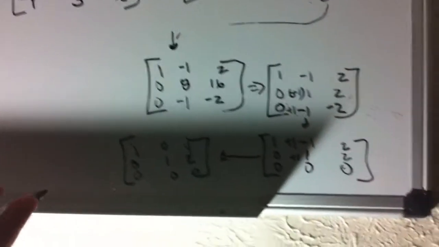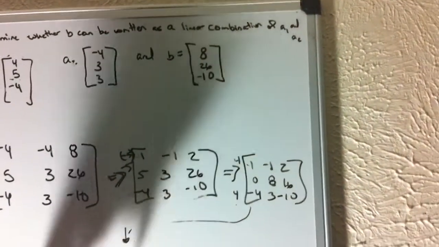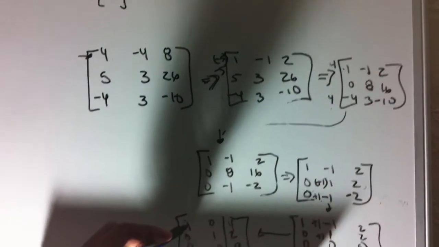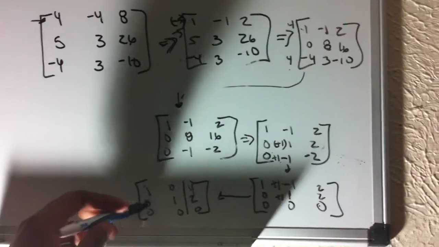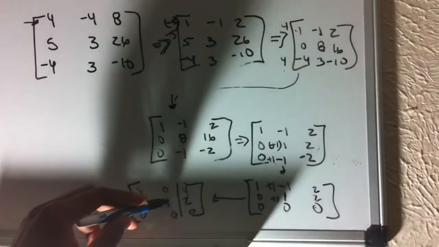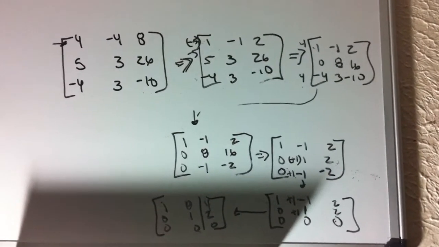And that's our answer in reduced echelon form, because our bottom row is zeros, our initial pivot is 1, and our top numerical value starts with a 0. So it's in reduced echelon form.